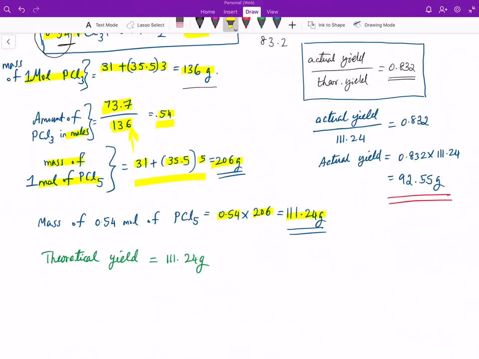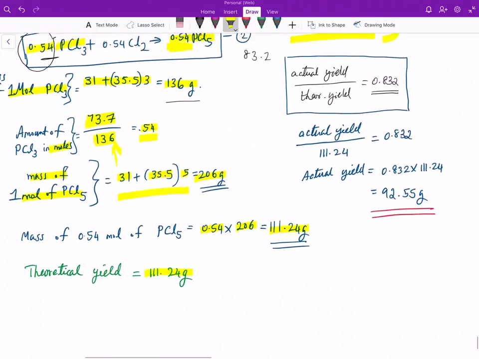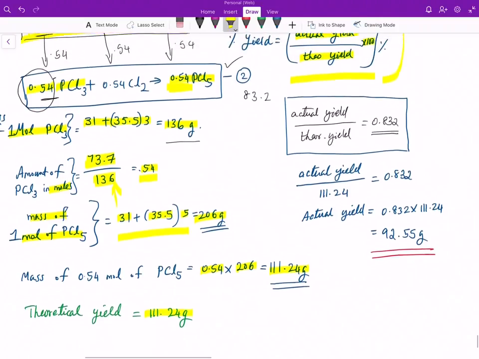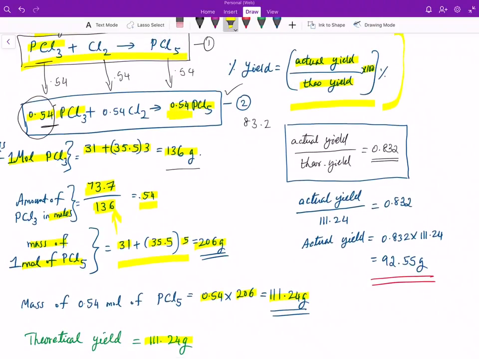Now what that means is that theoretical yield is 111.24 grams. What is the actual yield? Based on the equation, actual yield divided by theoretical yield times 100 is given, right? That is 83.2 percentage. That is 83.2 percentage.